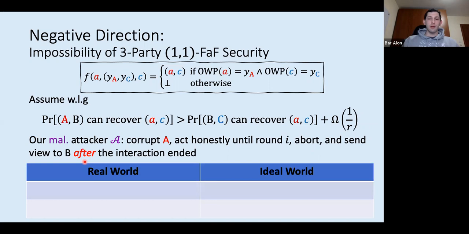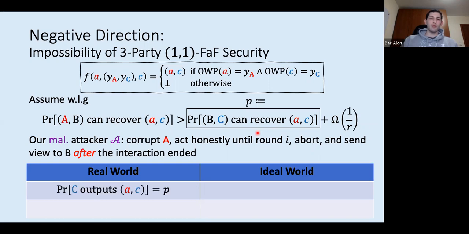So now let us compare the real and ideal world. We'll denote by P the probability that B and C are able to recover the output. What happens in the real world? By definition, the third party, the honest party, will be able to recover the output with probability equal to P. Because the ideal world must be indistinguishable from the real world, it means that A must send its original input, again, with probability roughly P. Because if it changes its input, then as I said before, this equation up top doesn't hold.